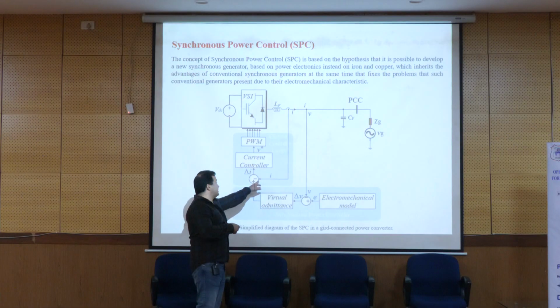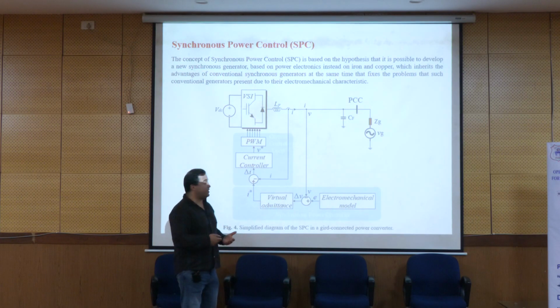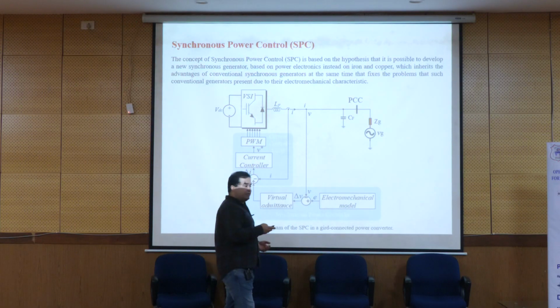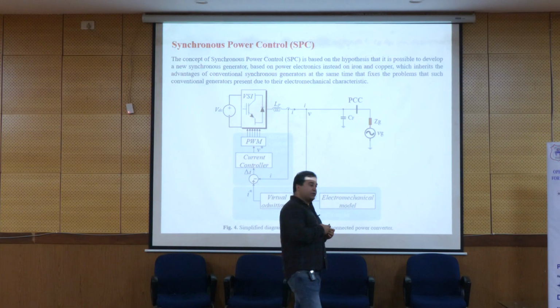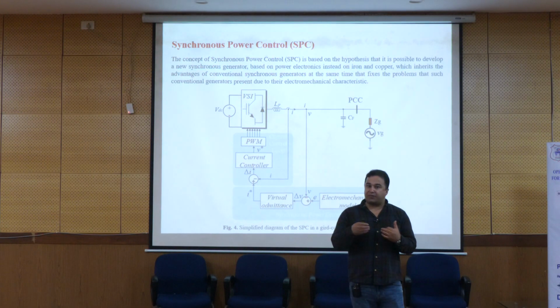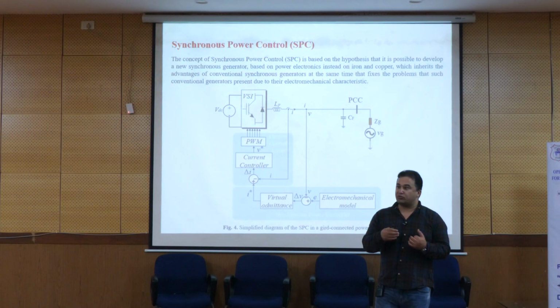By this I reference 10 ampere, then measure the current injected from the converter to the grid, delta I, and then we have a current controller, a PI controller, and by this we can tune the operation of the system. The controller can be tuned, and it works well.